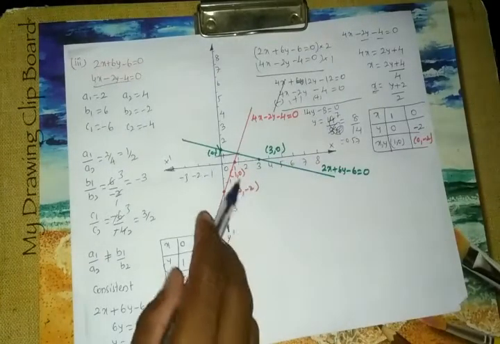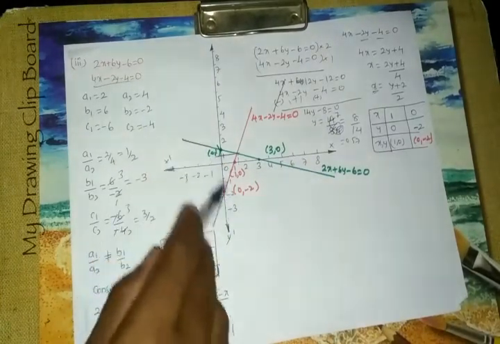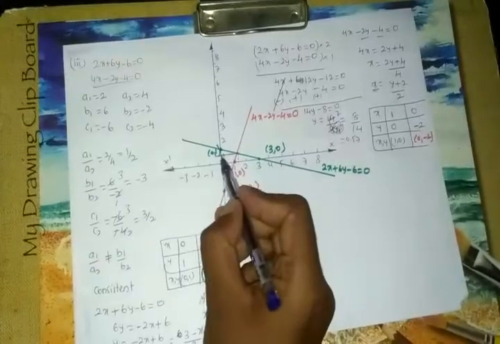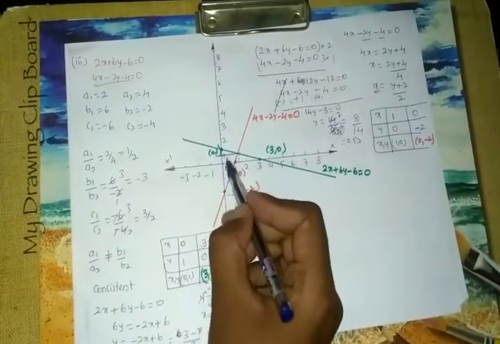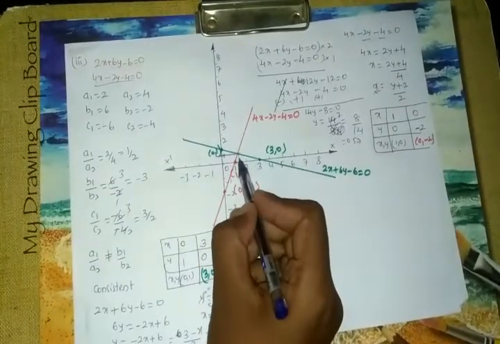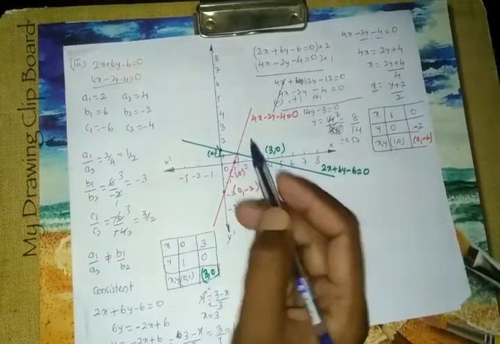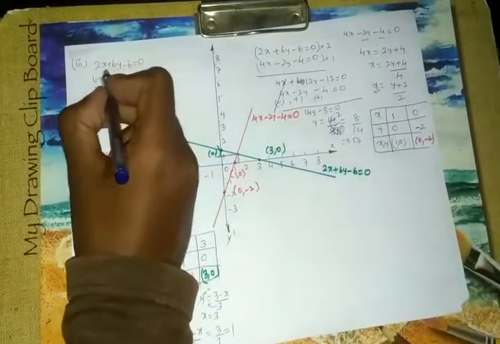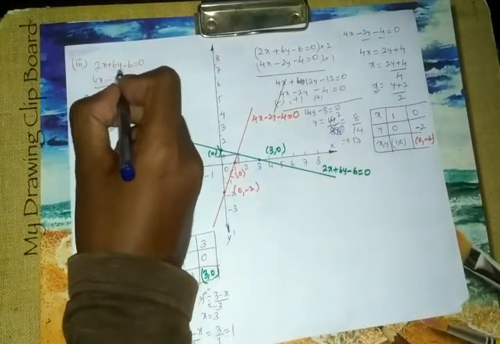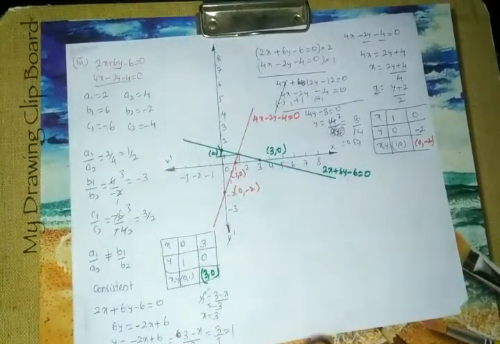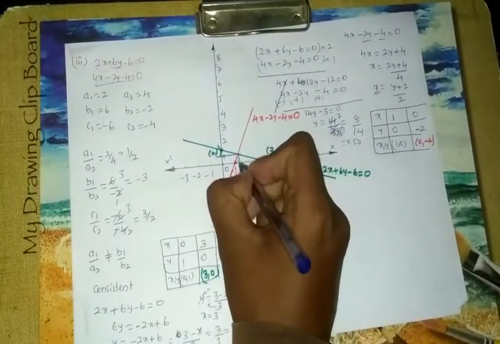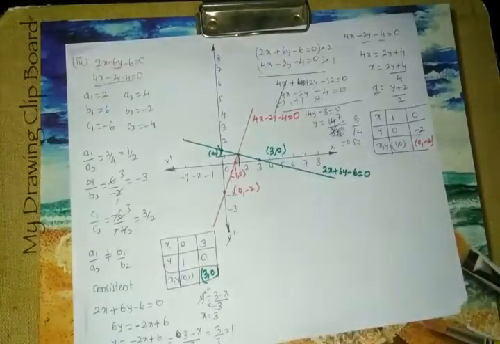You draw this exactly on the graph and you will find the corresponding x value with respect to y. In the textbook this is 2x plus y. I have taken 6y. Let it be. You should know the procedure for how to get the solution.